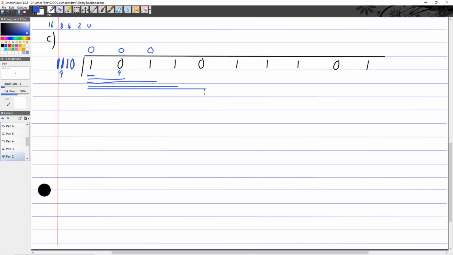And now it becomes useful to work out what the numbers actually are. So 1 and 1 and 1 and 0 is 8 and 4 and 2 and 0. And you convert it to base 10 in your head. So the number that we're dividing by is actually 14 in base 10.